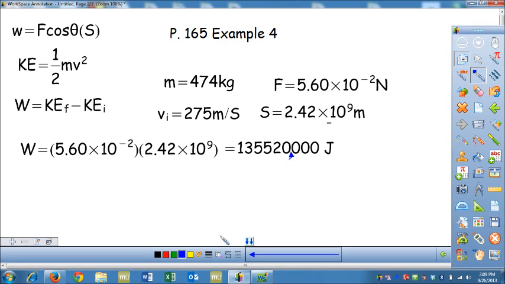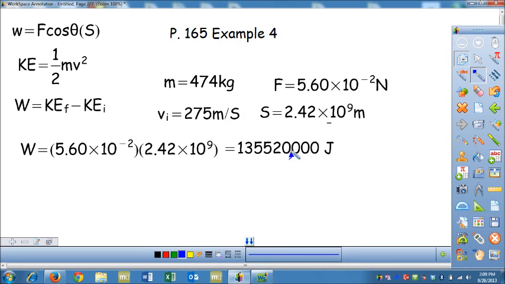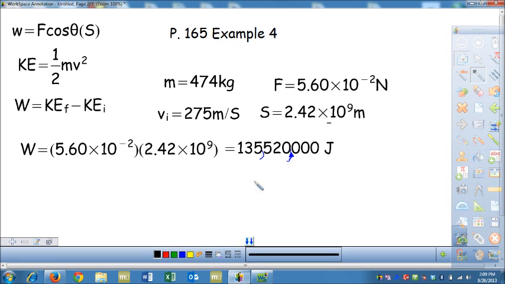I've got to get rid of that arrow thing. That's 135,520,000 joules.